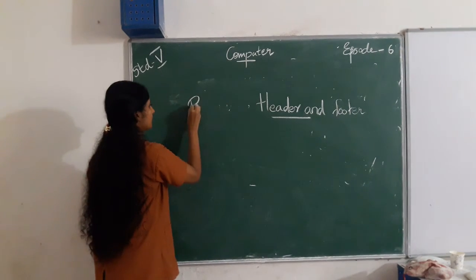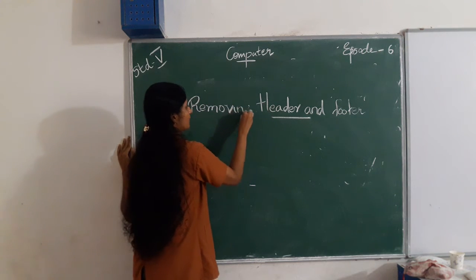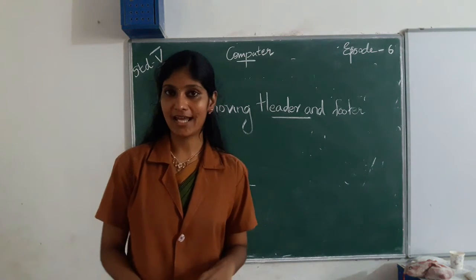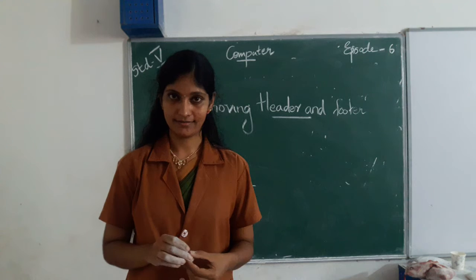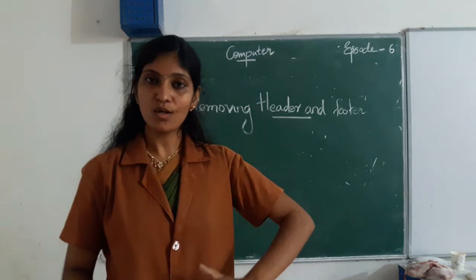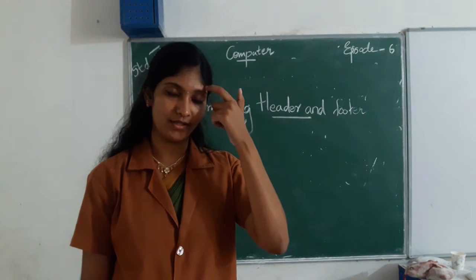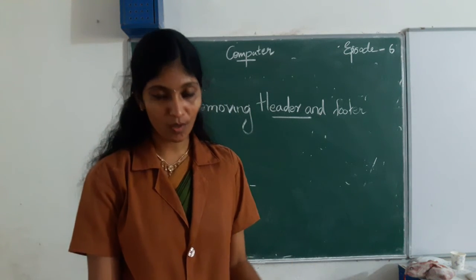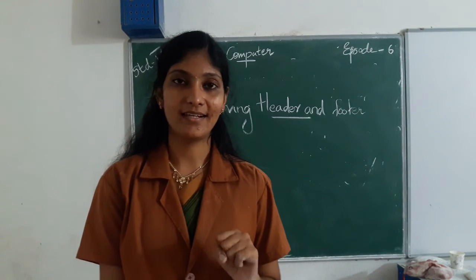Removing header and footer. We know the header or footer gallery contains different types of headers, right? At the end of those options, you can see Remove Header or Footer. So for removing a header, click on the Remove Header option at the end of the header gallery.